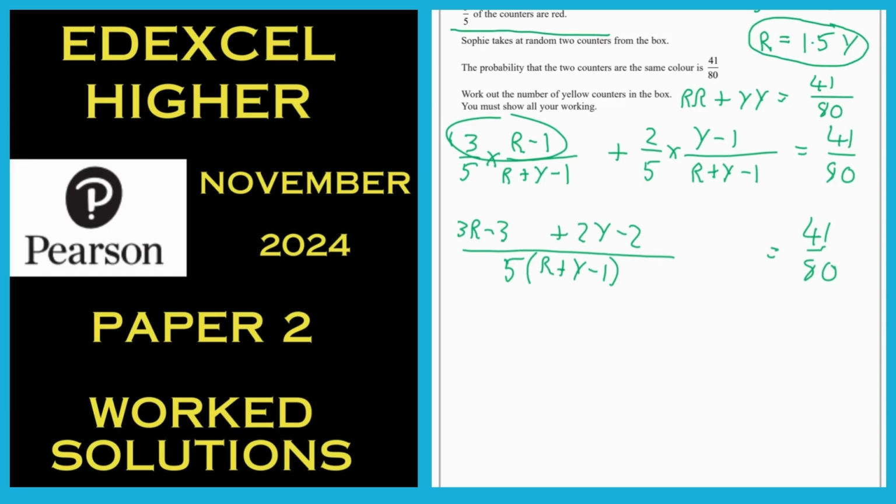Well, we've now got horrible simultaneous equations. I'm not a fan of subbing in while we've got them as fractions. Let's level them off. I'm going to multiply both sides by 80.